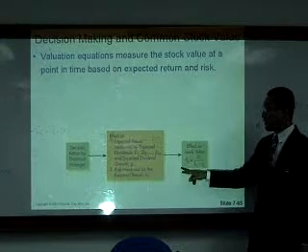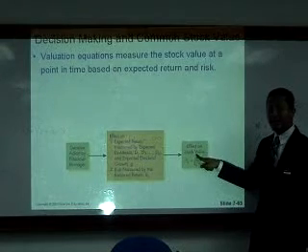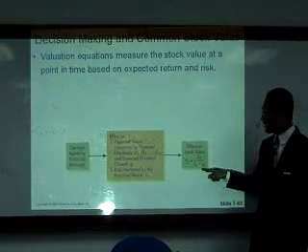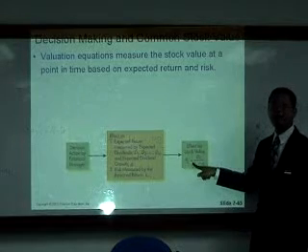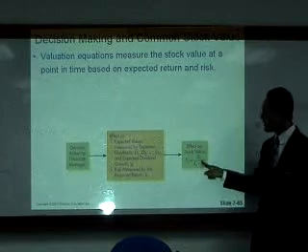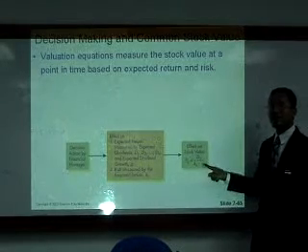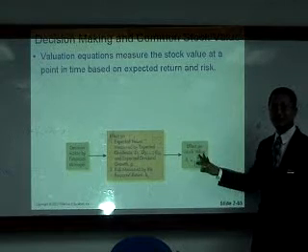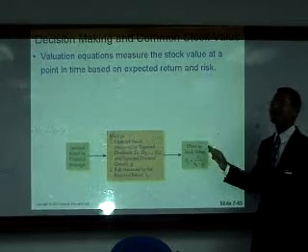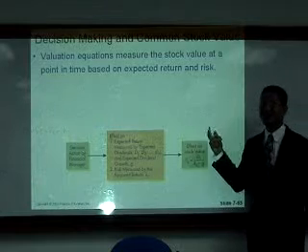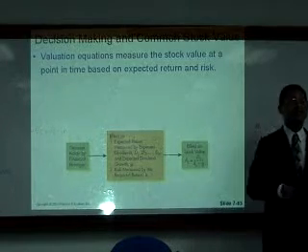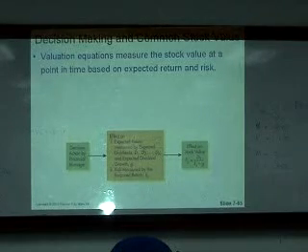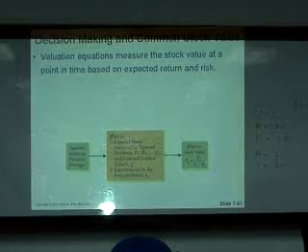So this is our expected return, P1. This is our risk, KS. This is our expected return, G. So basically there are two elements here, risk and return. These risk and return are interrelated.